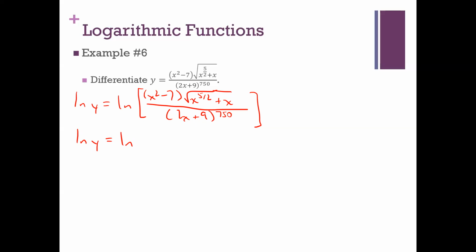So I'm going to rewrite this whole thing like this. The natural log of x squared minus 7 plus the natural log of the square root of x to the 5 halves plus x minus the natural log of 2x plus 9 to the 750.